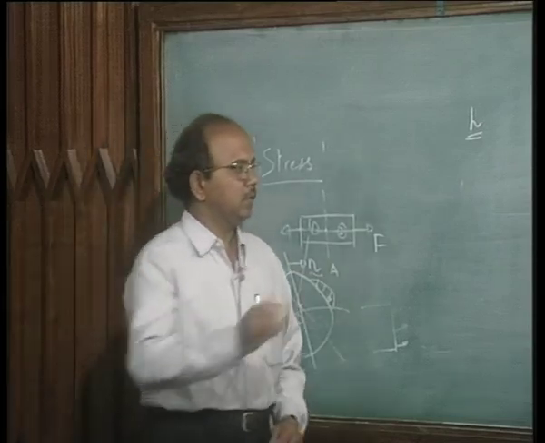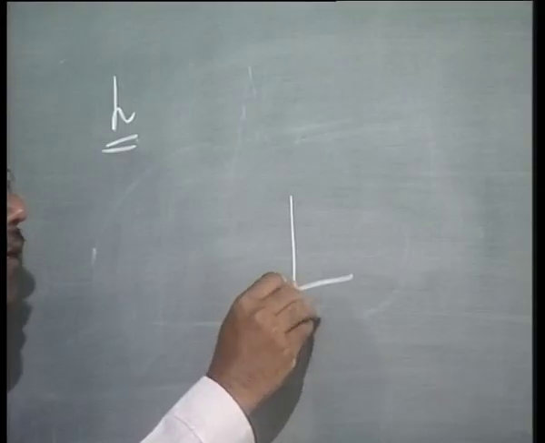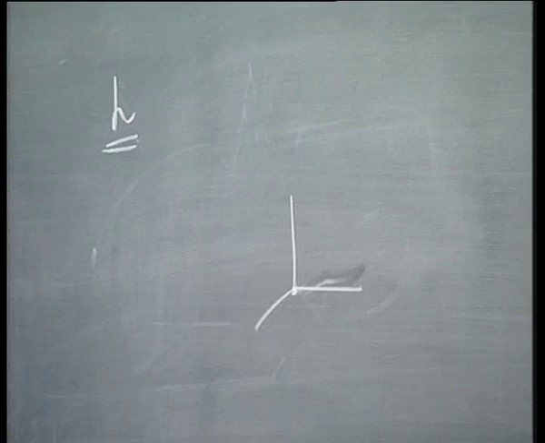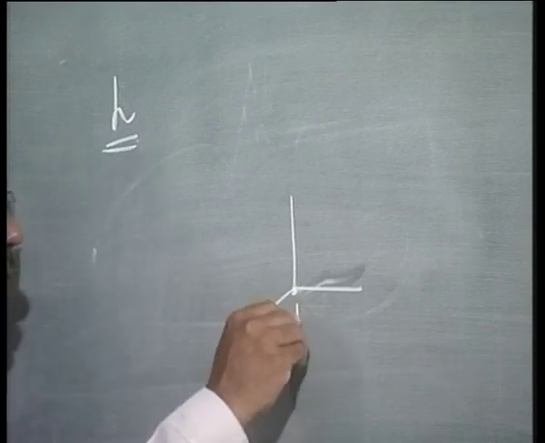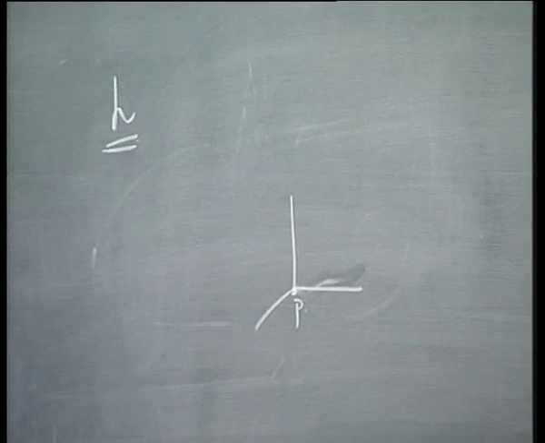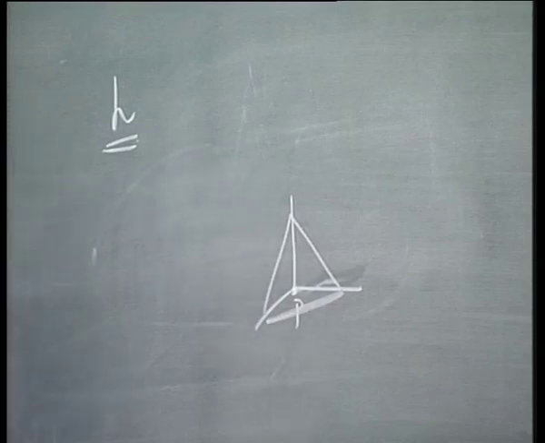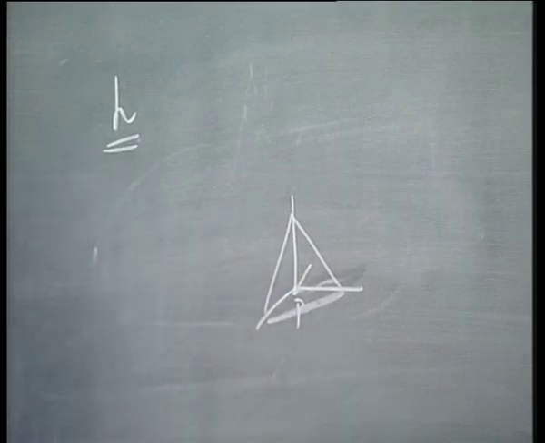Let me draw the coordinate system at that point P, and let me draw the plane of interest whose normal is n, at a distance h. This perpendicular distance between this point P and this plane is called h, the height of the tetrahedron.